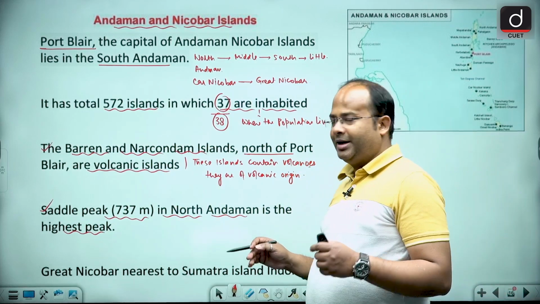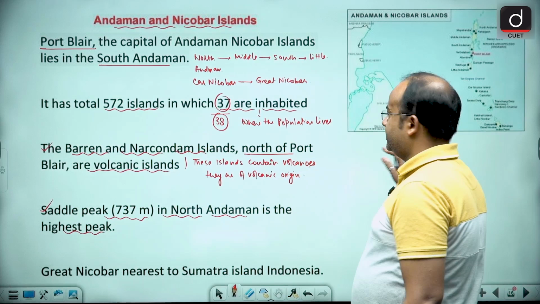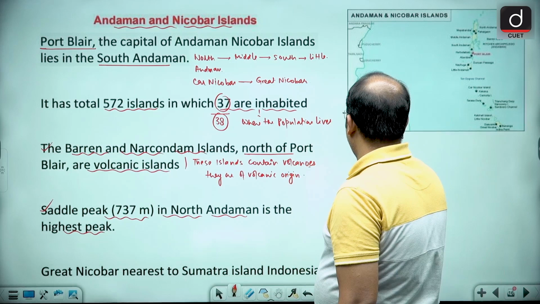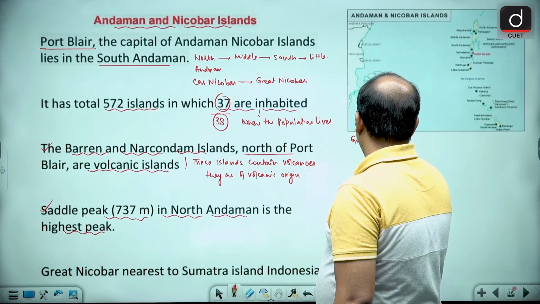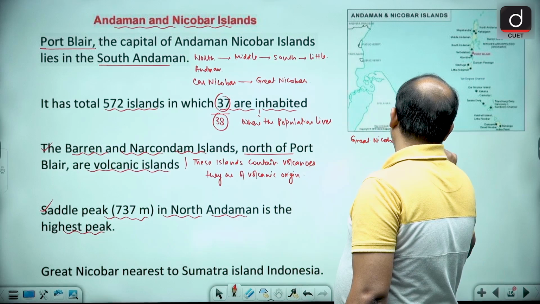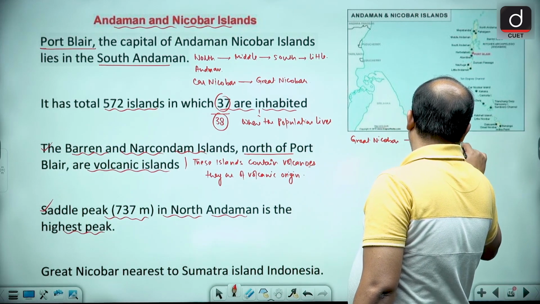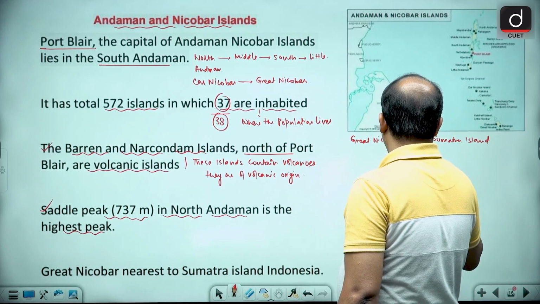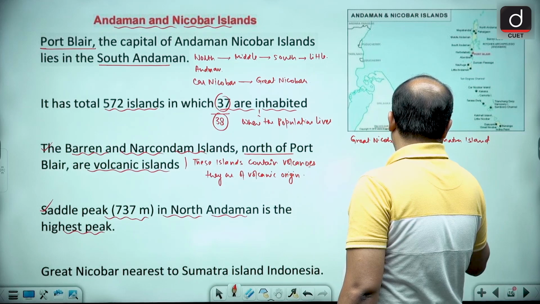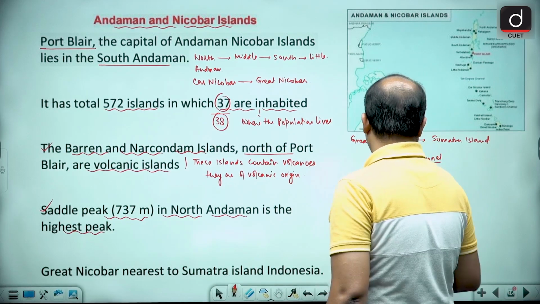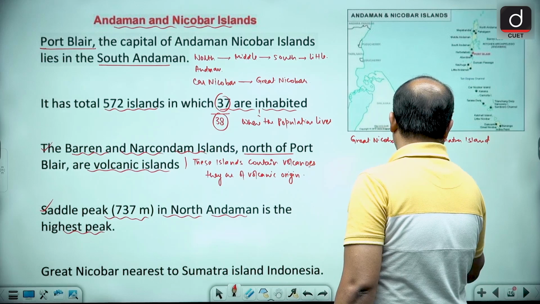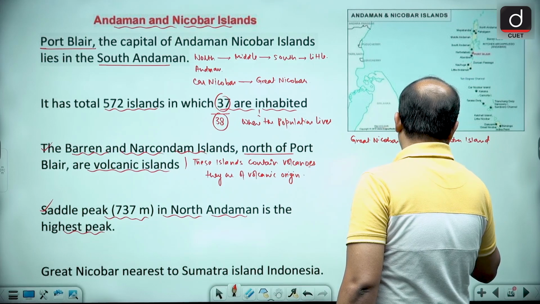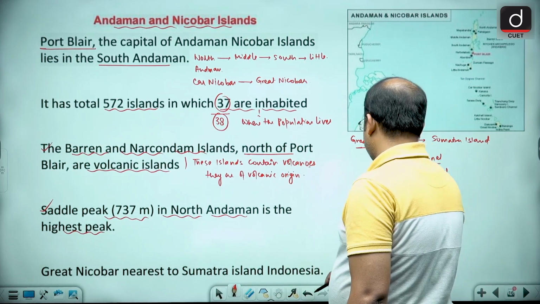And Great Nicobar is nearest to Sumatra, which is a part of Indonesia. My dear learners, Great Nicobar is near Sumatra Island and is separated by the 6-degree channel. The 6-degree channel is also known as the Great Channel.